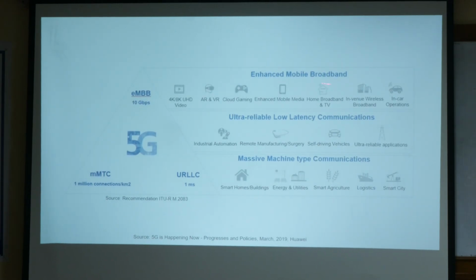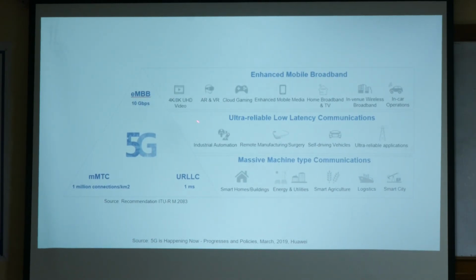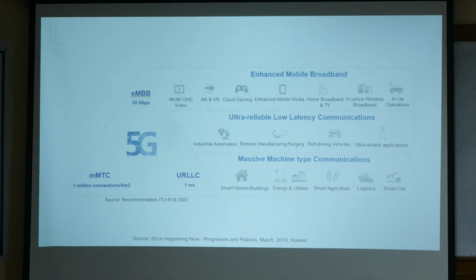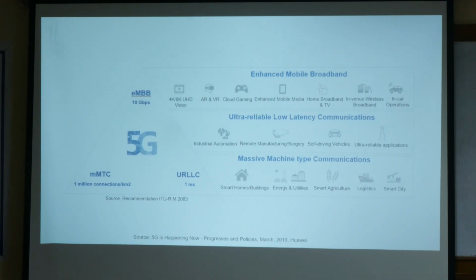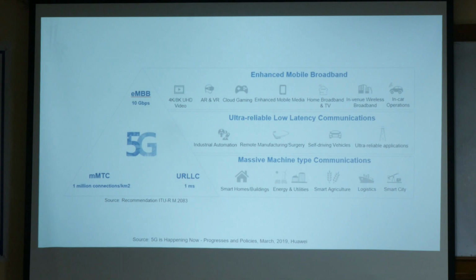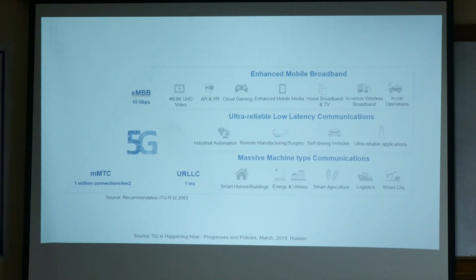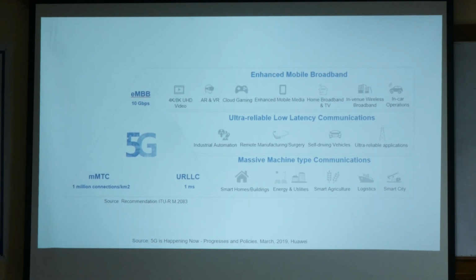So if you try to see enhanced mobile broadband, you have HD, we are trying to use ultra high definition, we are trying to use such videos on your TVs. People are not just interested in HD, they want 4K, 8K and all. HD has also gone to ultra high definition. So this is trying to move on.